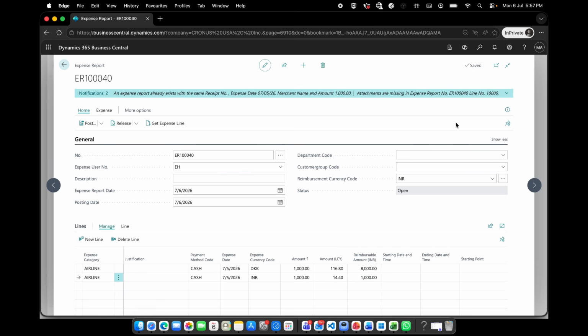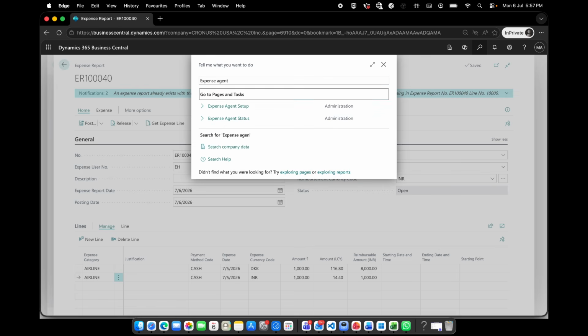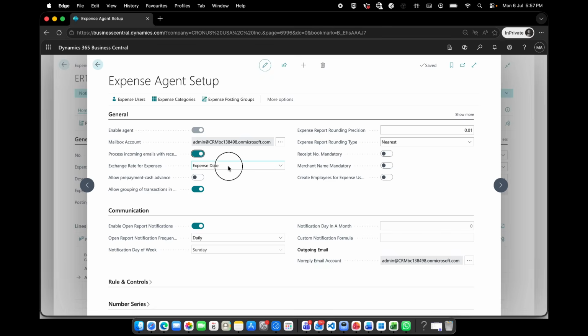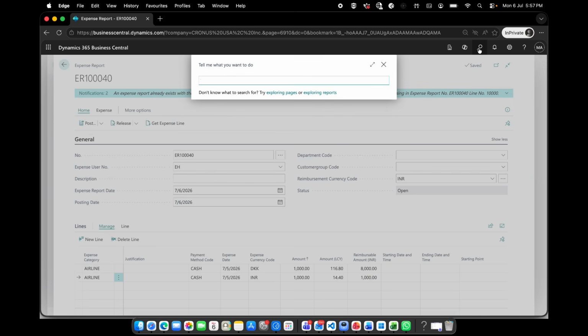What else? Now, the next thing would be what happens if I change the expense agent setup, and I say no matter what currency has been used, I would like to calculate my expenses based on my posting date. Okay, so we'll slightly make things more interesting.